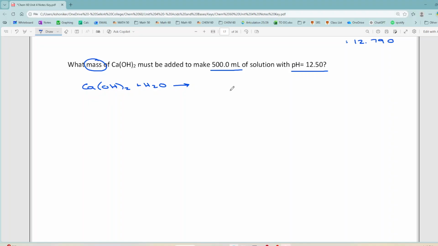And so if we were to write the dissociation of calcium hydroxide in water, actually, you know what? We don't need to include the water. I was confusing myself there, because if you're doing a base that doesn't have a hydroxide, you need to include water because that's how you get the hydroxide to appear. Whereas when you're dissociating a metal hydroxide, don't include the water.